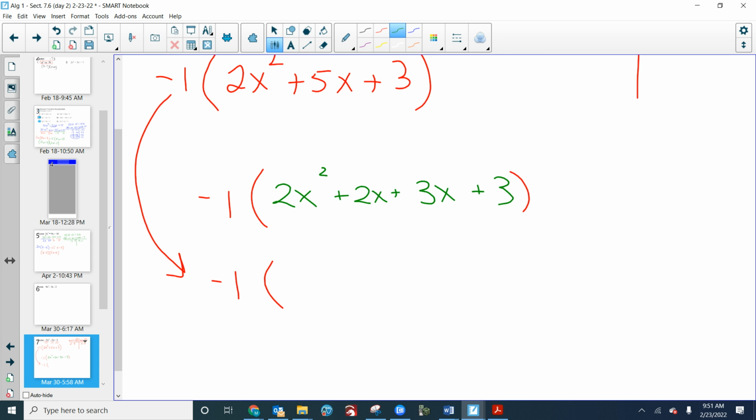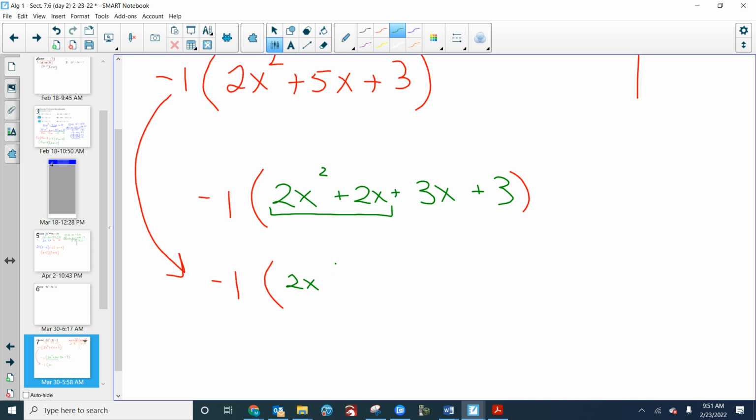Now we're ready. Within these parentheses, what's the GCF of these two? We can ignore that negative 1 for now. Let's go with Corbin. What's the GCF between 2x squared and 2x? 2x.